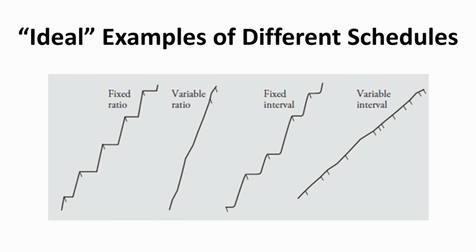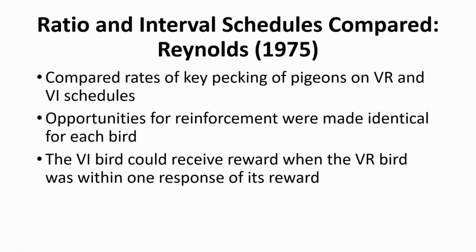So if ever there's a situation where a limited hold applies, the experiment will usually specify that for us and point it out. Otherwise, we just assume that it's infinite and the next response after that time period has passed will receive reinforcement. I just want to draw your attention to the fact that that option can exist.